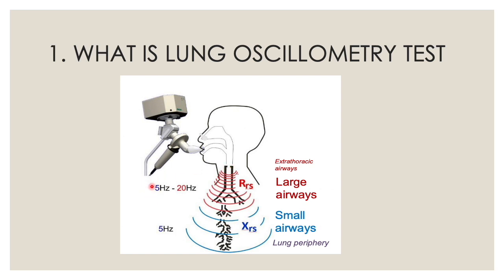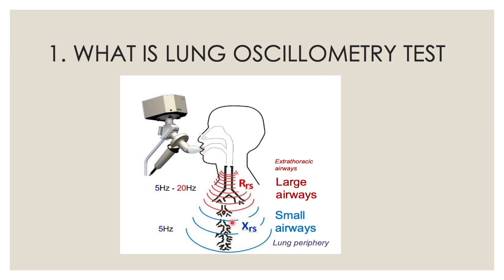Now, the smaller frequencies, such as 5 Hz, can pass through the entire lung, while the larger frequencies may be able to pass only up to the large airways. This gives us a varying measure of the entire lung as well as of the large airways, and the resistance can be derived from them.